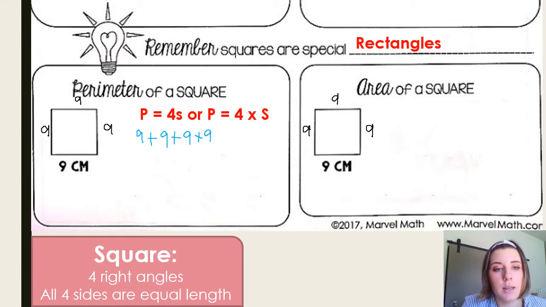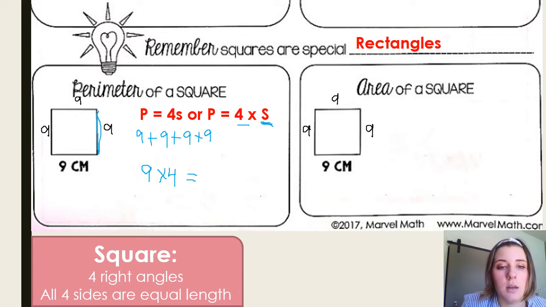We know if one side is 9 centimeters and I have 4 equal sides, then I can solve 9 times 4, or 4 times 9. 4 sides times the side length. That's what this stands for, 4 times side, or 4S is 4 times the side length.